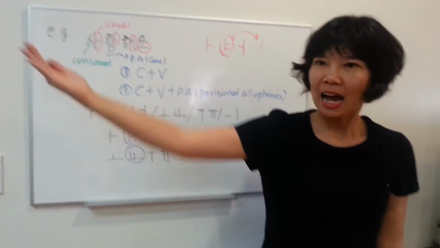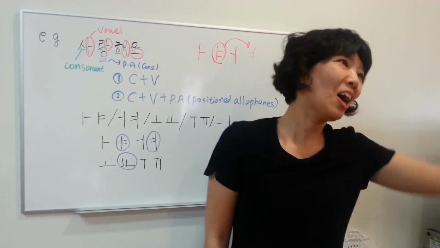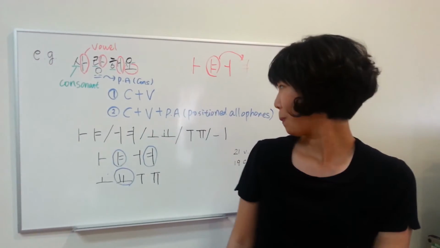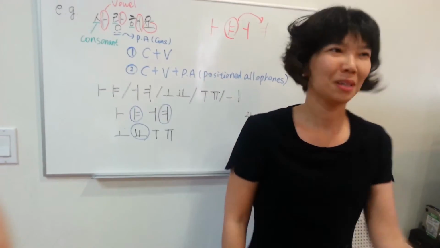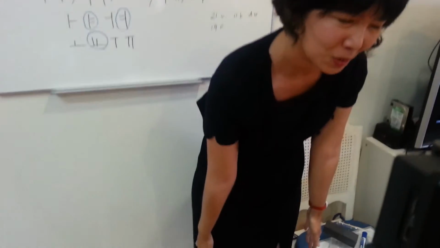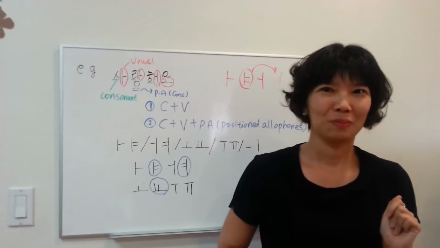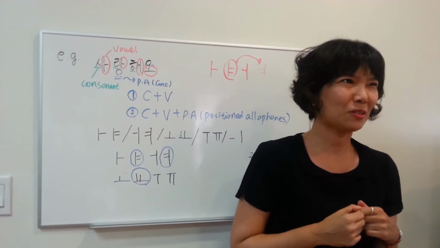So, such as a, ya, and the opposite way, 여, and 오, 요, 우, 유, 이. Wow. Is it easier to understand?